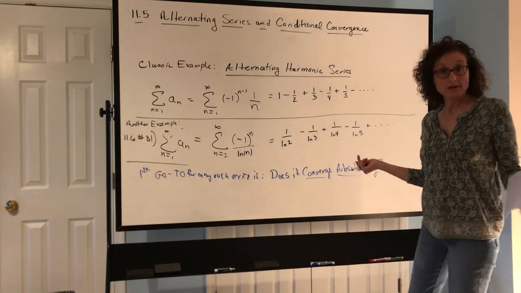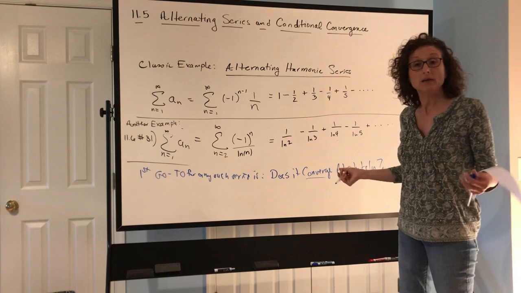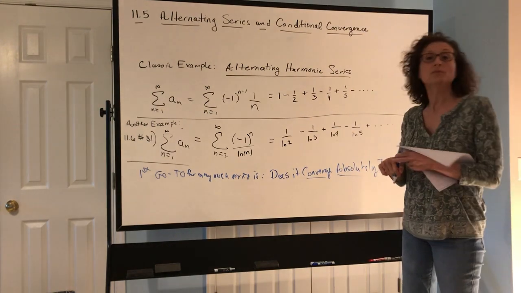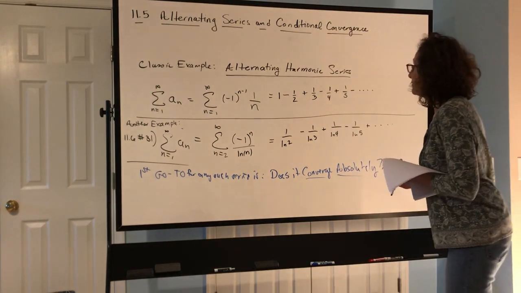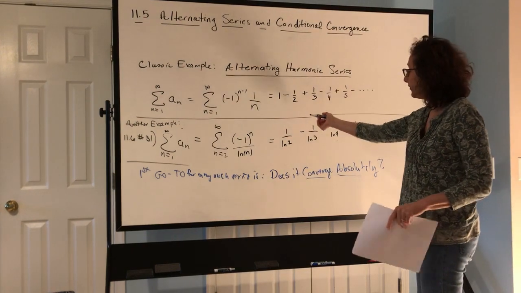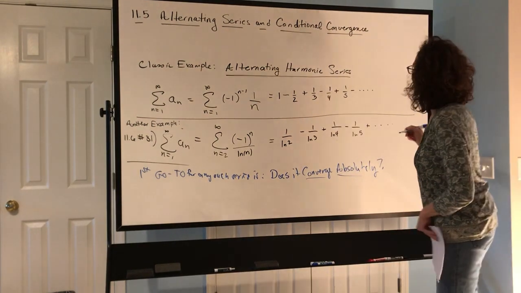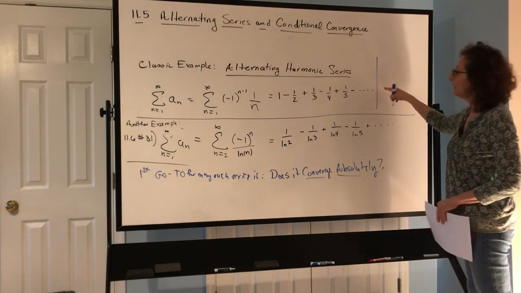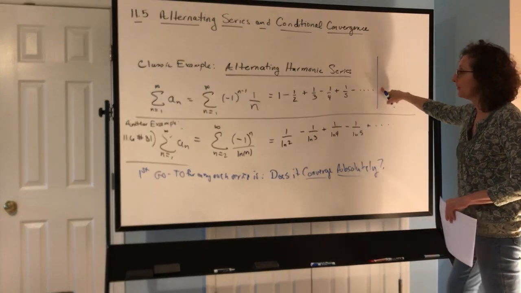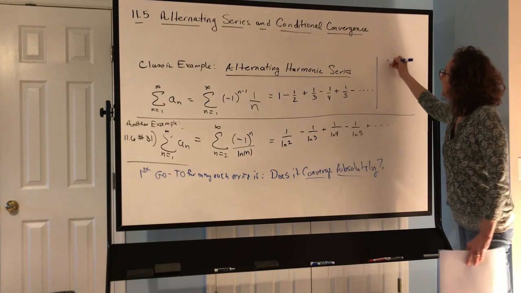That's our question, because if it converges absolutely, life is great. Absolute convergence implies convergence. We proved that. So if we change all the positives and negatives, and it converges, then we know this series converges. Well, tell me about this one. Does it converge absolutely?